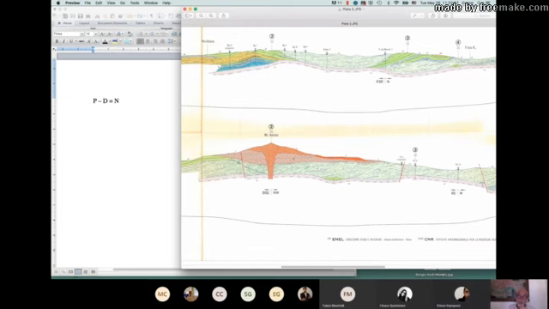Going back to yesterday's lessons, we said that the first is the heat source. So we know that the heat source is at depth here. How deep? Well, 5 to 7 kilometers. So say 5 kilometers.